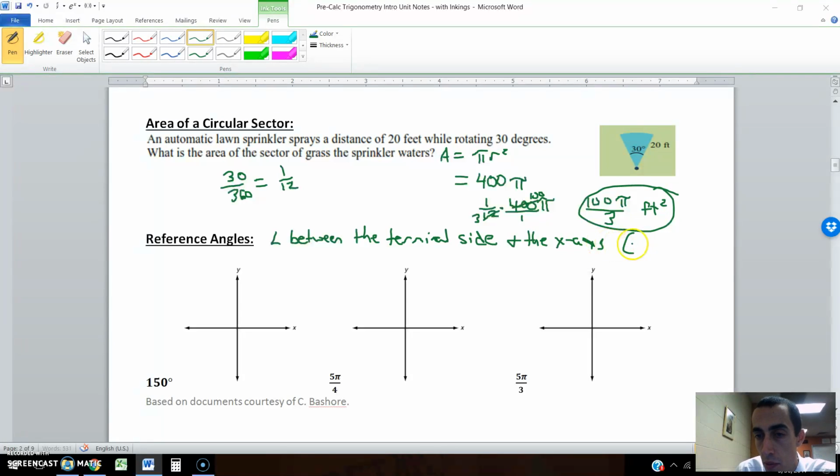And remember that this is an angle which is always positive. It's an angle that's always positive and it's always acute.